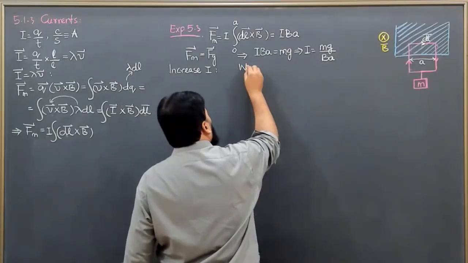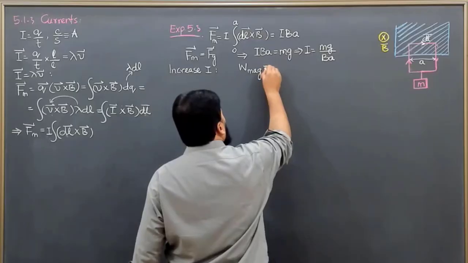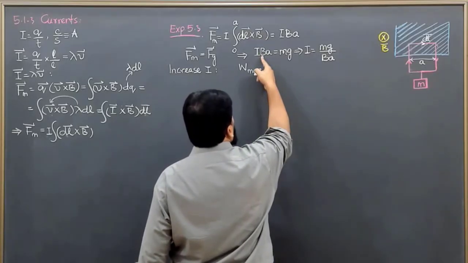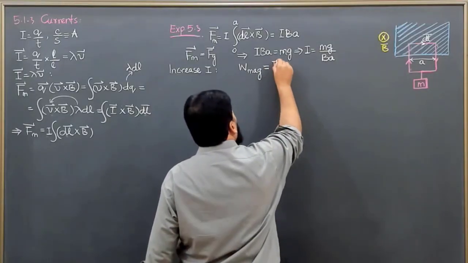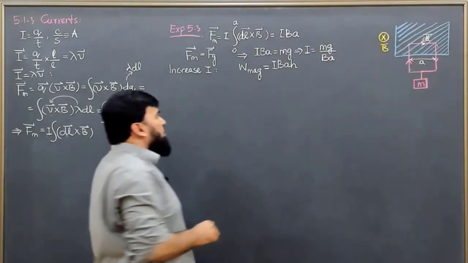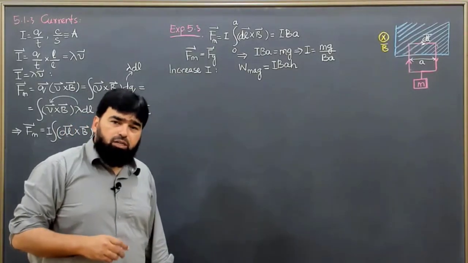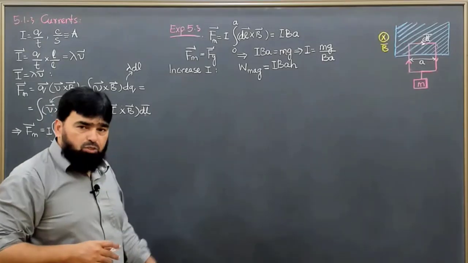The work done by the magnetic force will be force times distance. Let's say it is up by distance h. So IBah is the work done by the magnetic force in lifting this loop up.